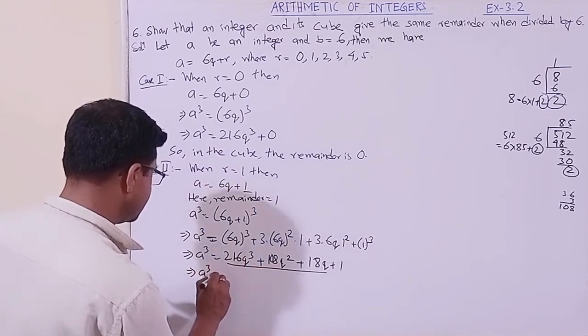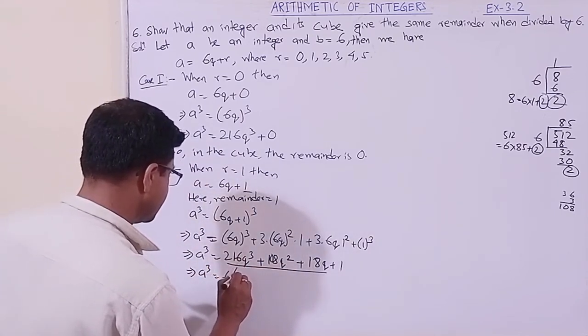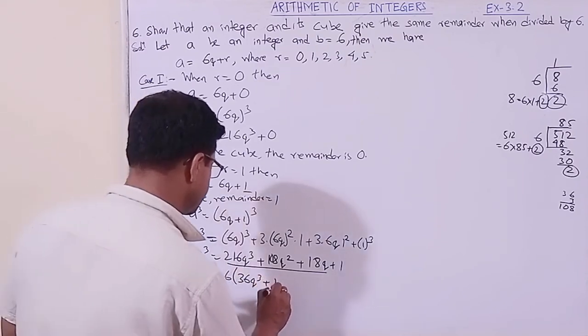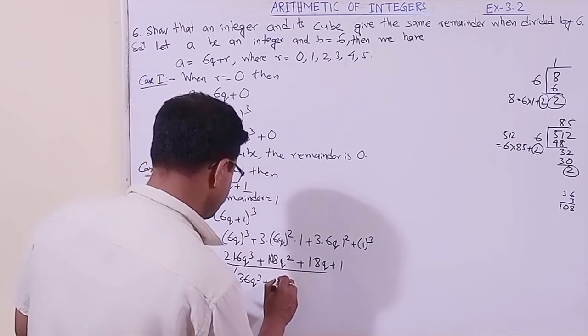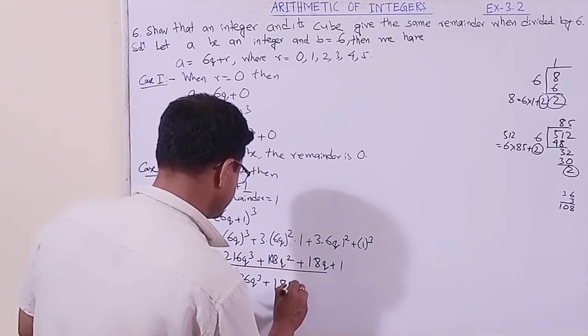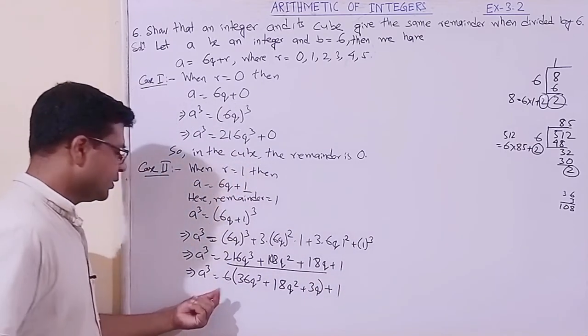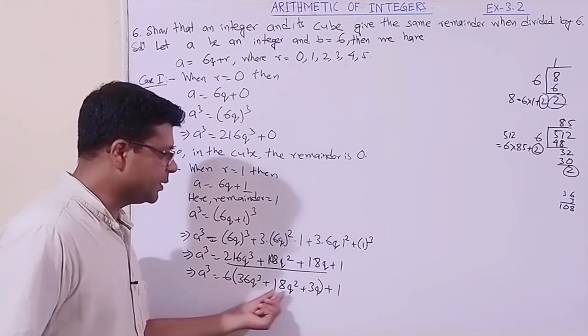Look, 6 is common here, so we can write it like this: 6 common, then here 36 q cube, plus 6 into 3 q square, 3q, plus 1. See, it is in the form 6 into something plus 1.